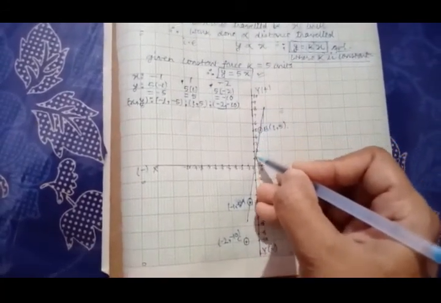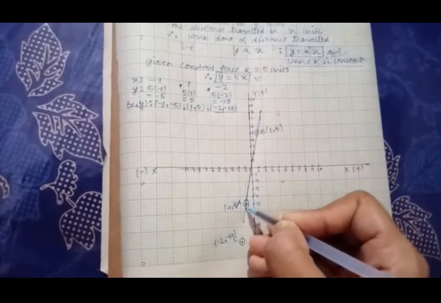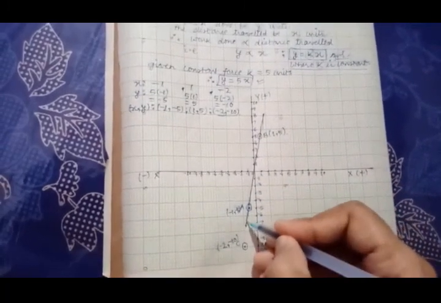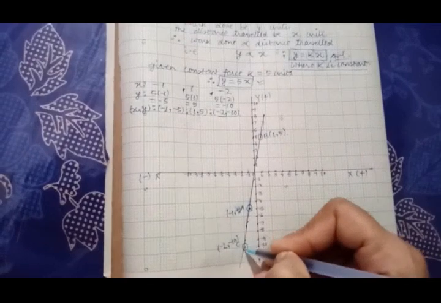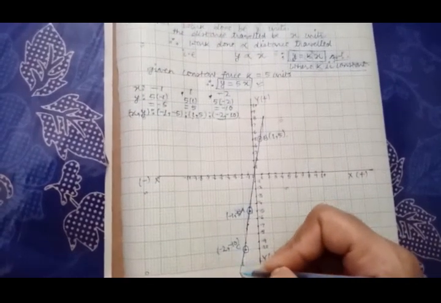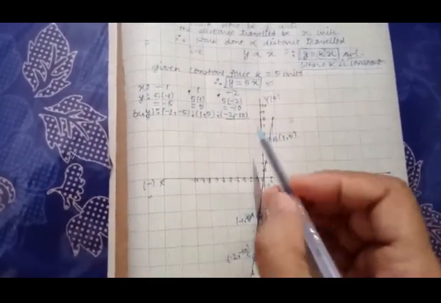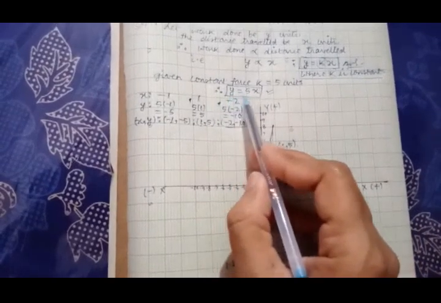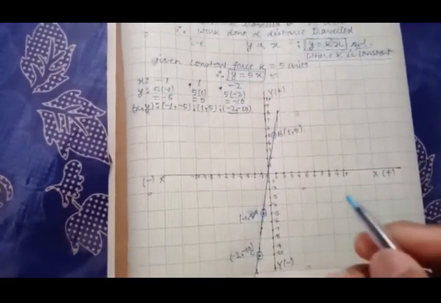And remember that you have to draw this graph very carefully using a ruler only, not freehand. That's the required graph of the linear equation y equal to 5x.